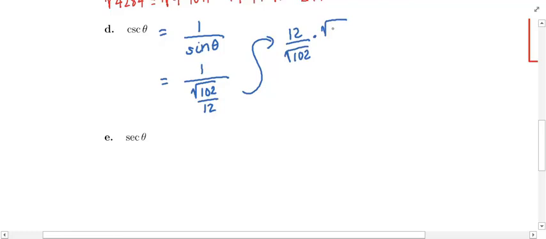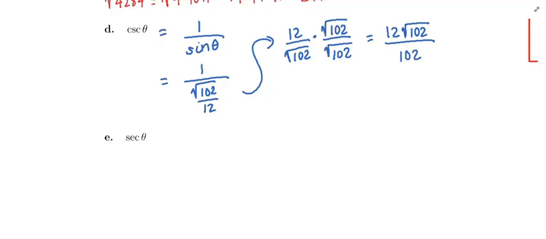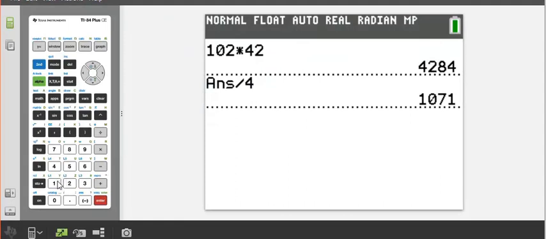Let's rationalize the denominator, multiply top and bottom by the square root of 102, multiply across the top and across the bottom. We're going to get that the cosecant is 12 times the square root of 102 divided by 102. Okay, the 12 and the 102, those guys are even, so they're both divisible by 2. So we are going to be able to simplify this fraction.